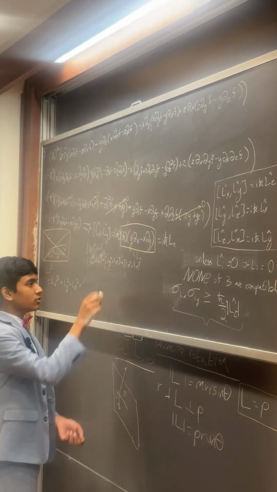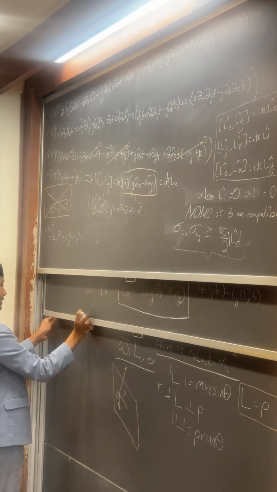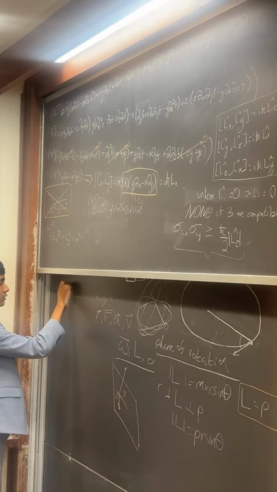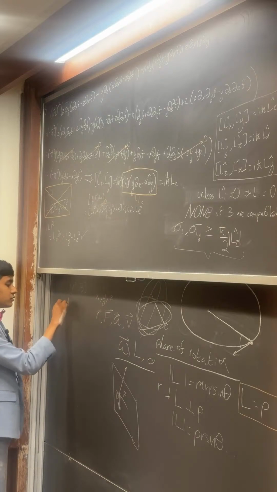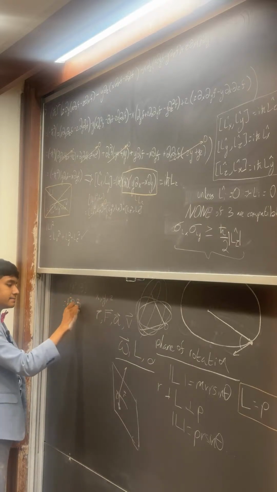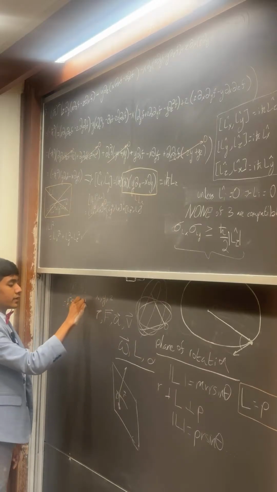Let's first write out what these mean. Consider that the commutator of a squared and b is equal to a squared b minus b a squared.